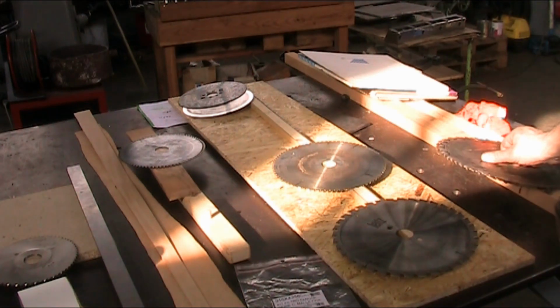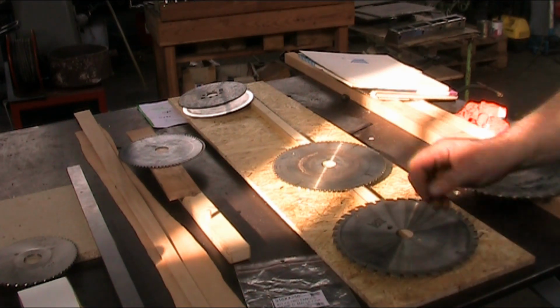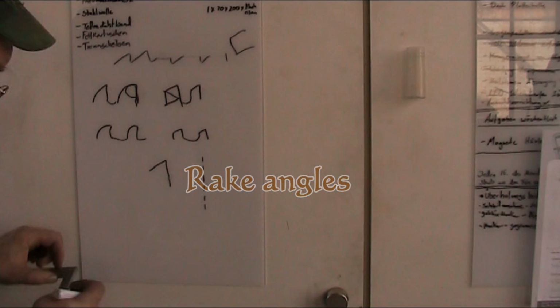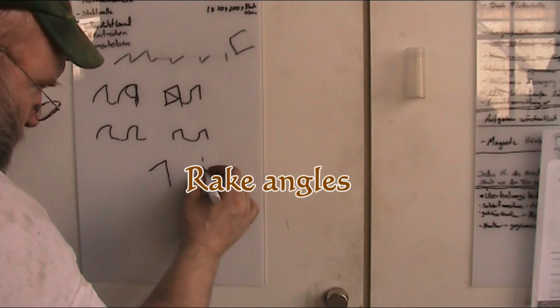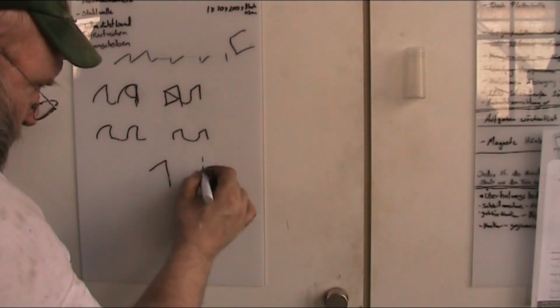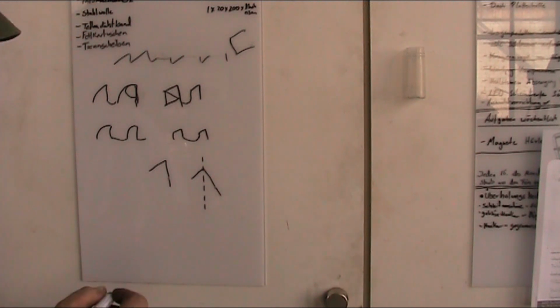move the camera around here again so you guys can get a better idea for what all these things are for. Some teeth have a shape like this. We'll see that here in a little bit.